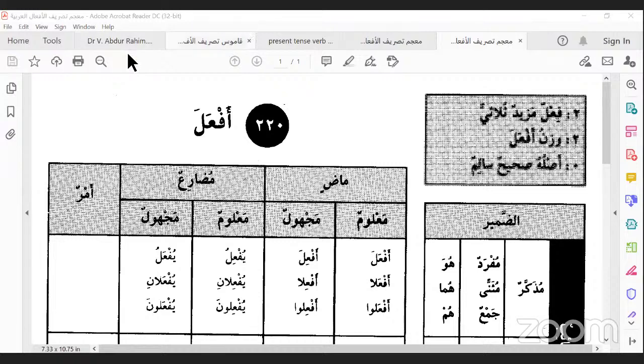Okay. So step 1, the ta of the present tense of the second person we have to remove. And step 2, the Dhamma in all the singular forms is changed to sukun. Example, taktubu becomes taktub. And step 3, the nun in the dual, masculine plural, and feminine singular forms is removed, except the feminine plural.